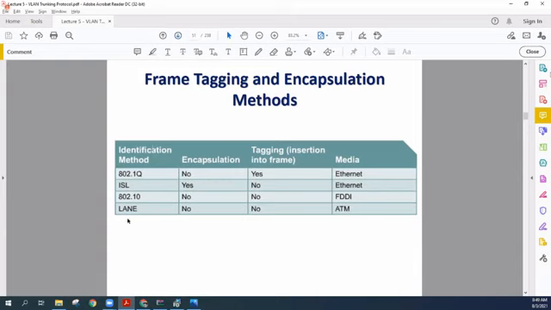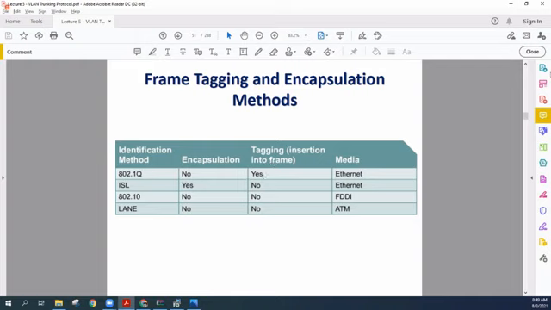So these are the different ways of doing tagging. Encapsulation is there only with ISL. That might be tricky because of the security improvement.